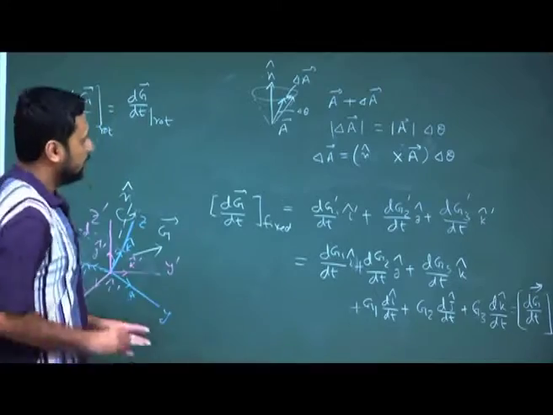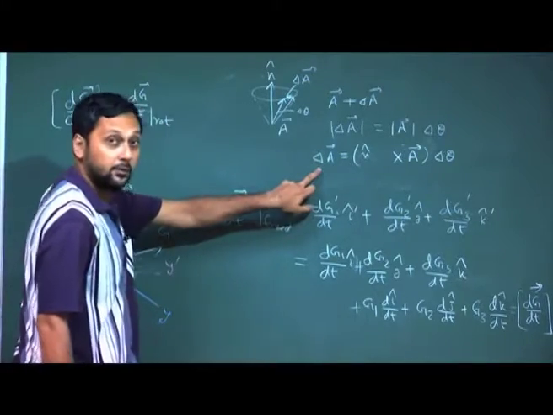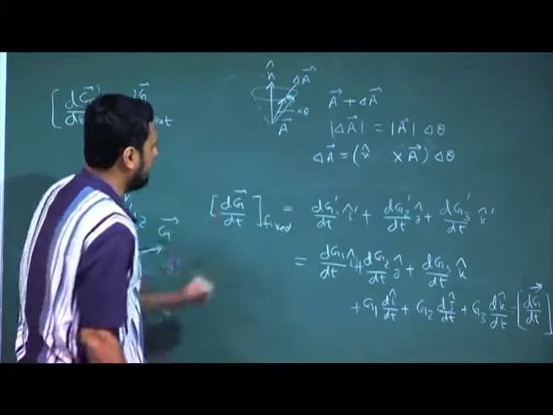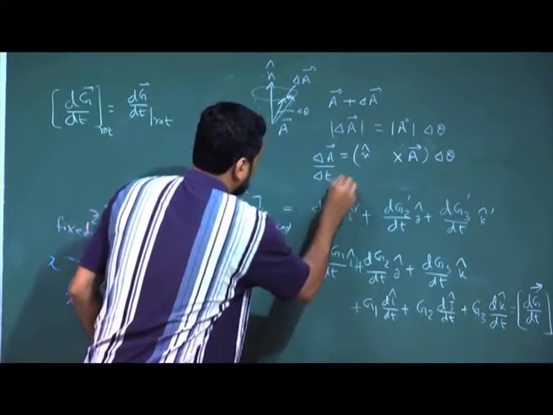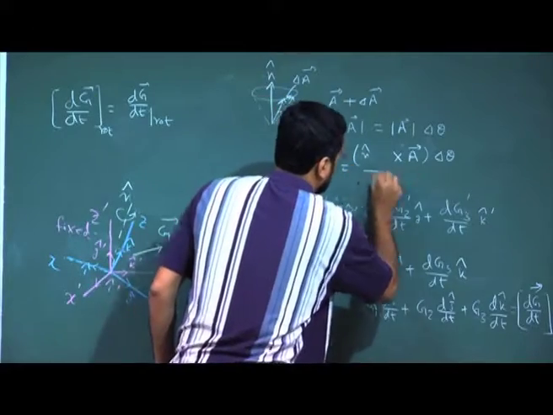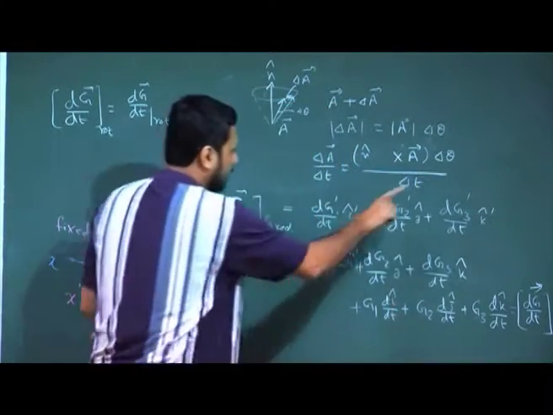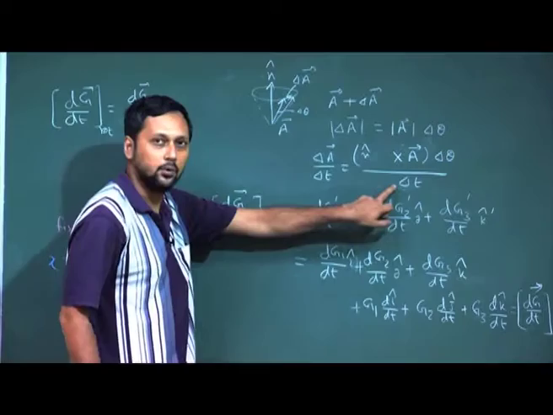Now, if we try to take the time derivative of A, we have to divide this whole thing by delta t on both sides, and take the limit when delta t goes to 0.